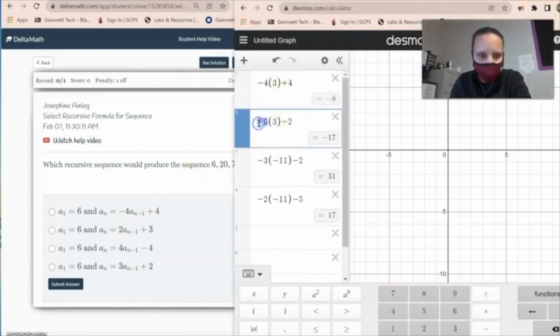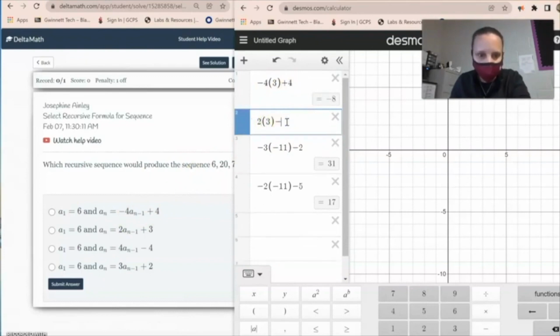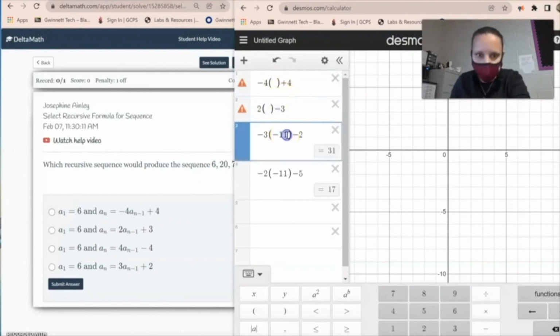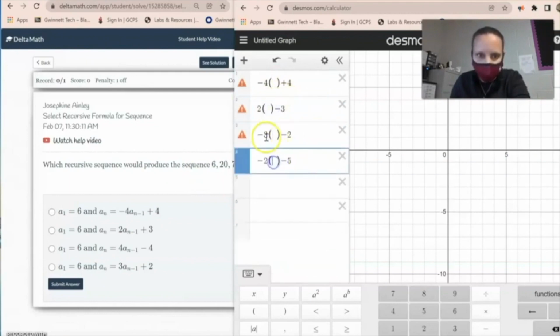This one is 2 and 3. We might as well delete all of this. And this one is 4 and negative 4. This one is 3 and positive 2.